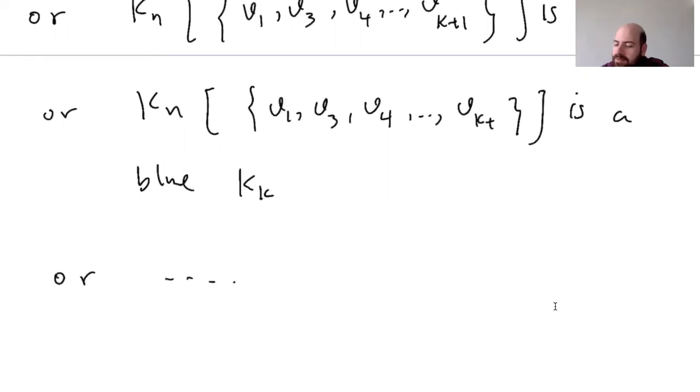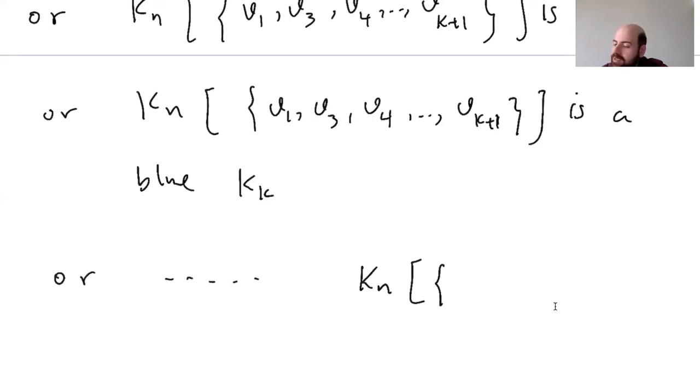All the way to Kn of V1. My last option would be the last K of them, again with all the edges between them all red or all blue.